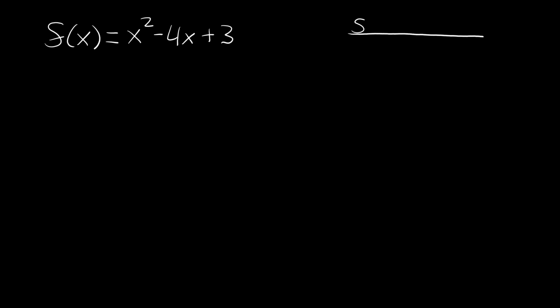So another problem, you can have f of x equals x squared minus 4x plus 3. Then we have the definition, f of x plus h minus f of x all over h.